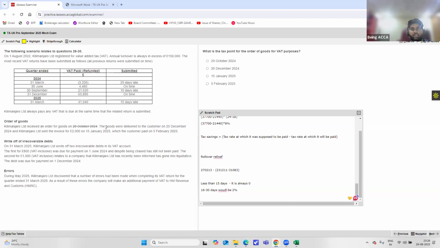Because here we'll be discussing only the delivery date of the goods. That is when a VAT liability can be recognized. So here, the goods were delivered to the customer on 28th December 2024. So that will become your basic tax point. So your basic tax point will now be 28th December 2024. And that is something that we'll have to highlight. So it will obviously be the basic tax point if the actual tax point conditions are not being satisfied, correct? Yes, with me so far?